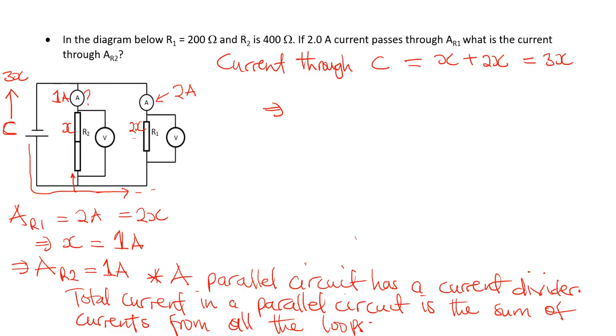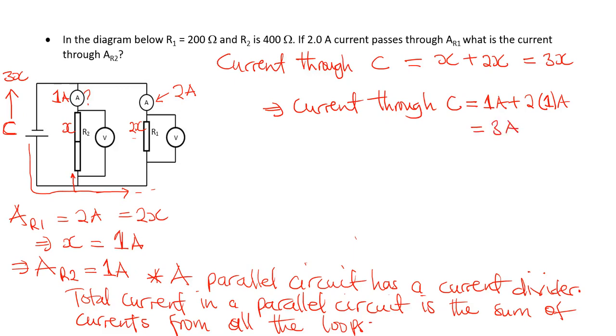This implies that current through C is equal to x, which is 1 amp, plus 2x, which is 2 times 1 amp, which is equal to 3 amp.